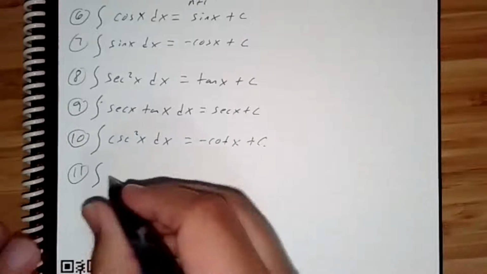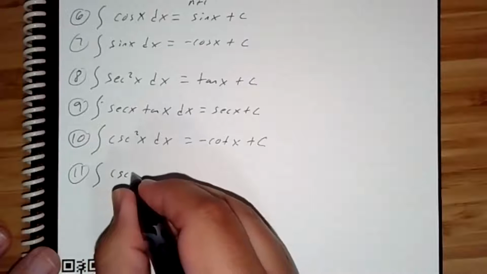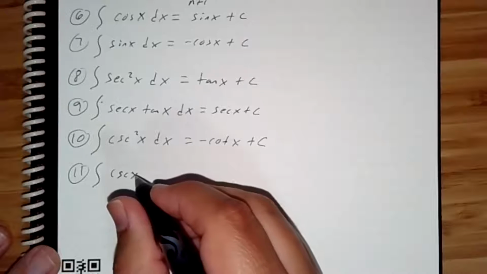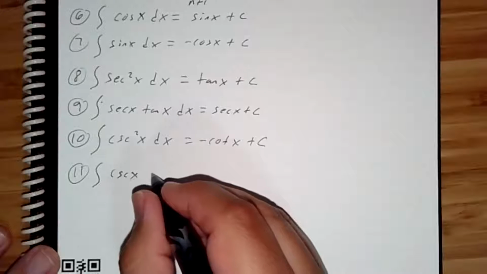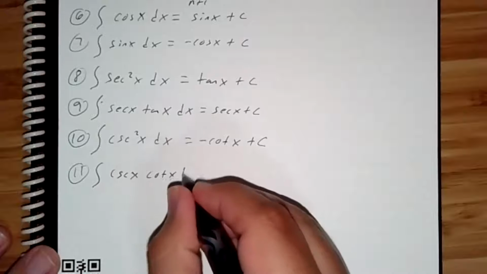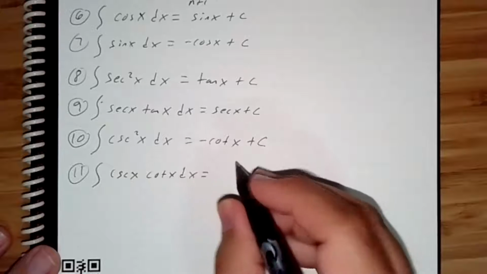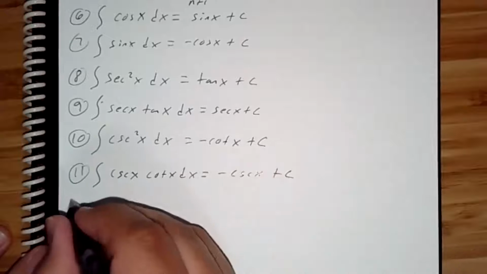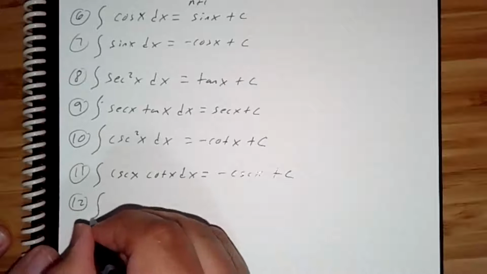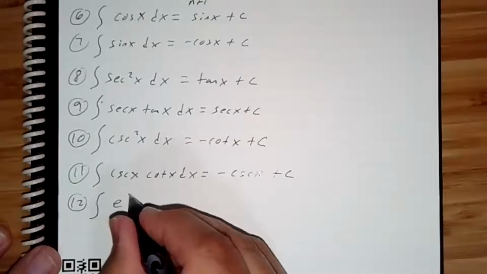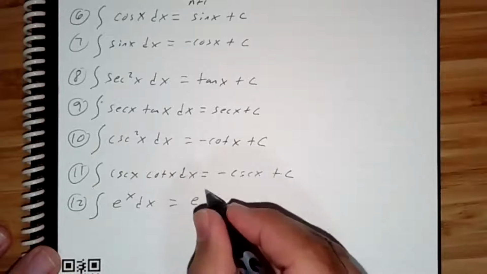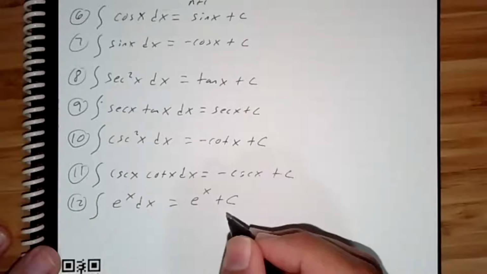Almost done. Integral of cosecant x cotangent x, yeah, that's right, is equal to negative cosecant x plus c. Integral e to the x dx is equal to e to the x plus c.